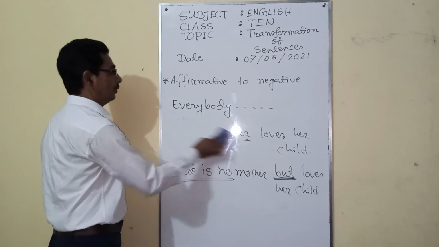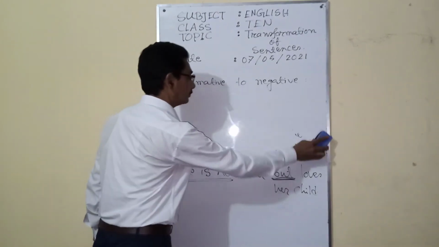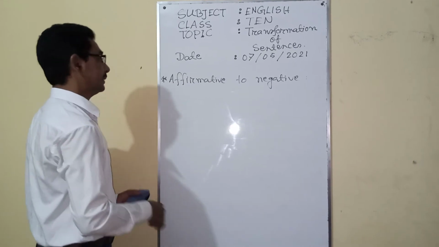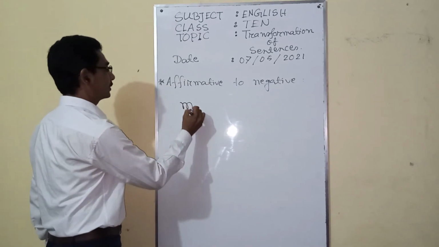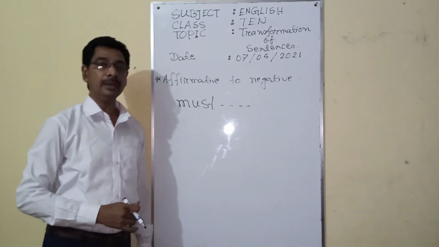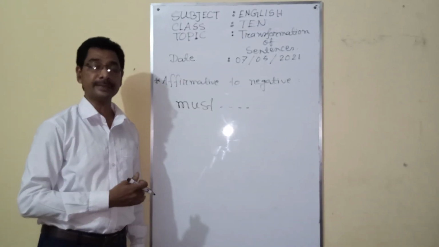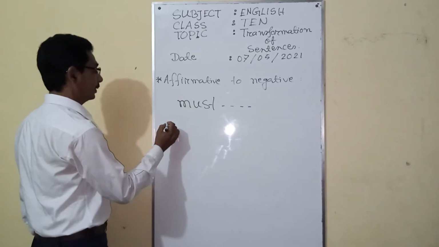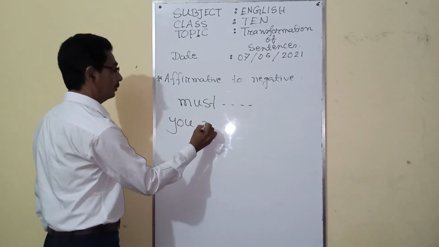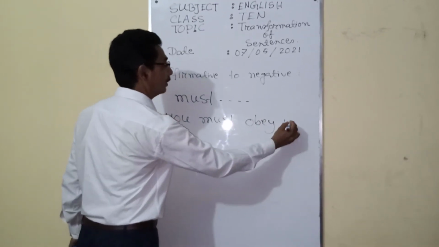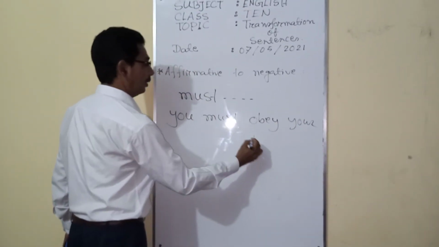Now, I am going to rule 3: must. If you find a sentence including must, how will you change this sentence from affirmative to negative? You see, you must obey your parents.